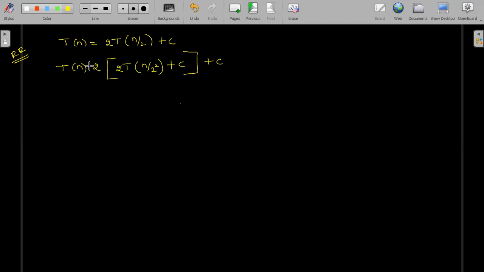Now that's it, nothing else. It's very simple actually. Now see here. Again after that, what happens? Now multiply 2 square, to the power of 2, because 2 into 2 is 4. T of n by 2 whole square, now plus 2 into 2c plus c.